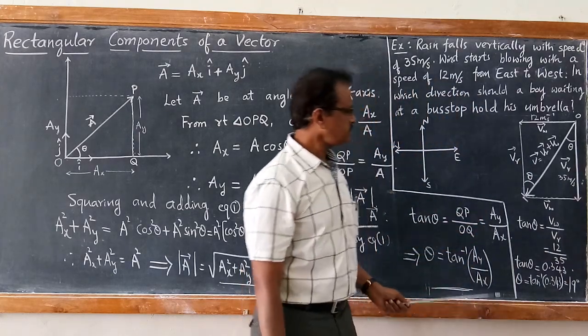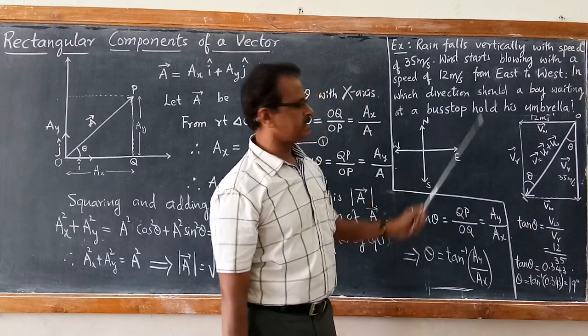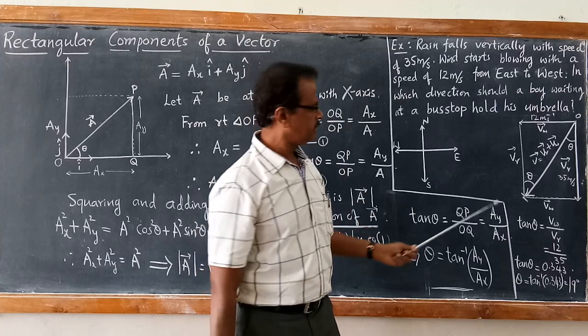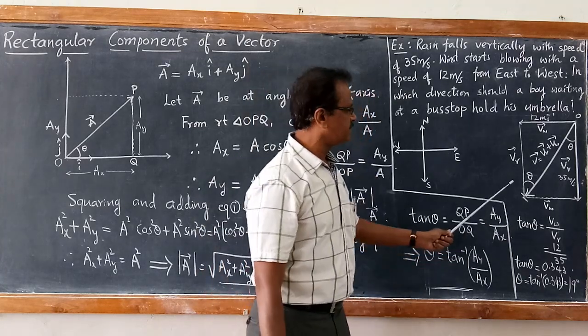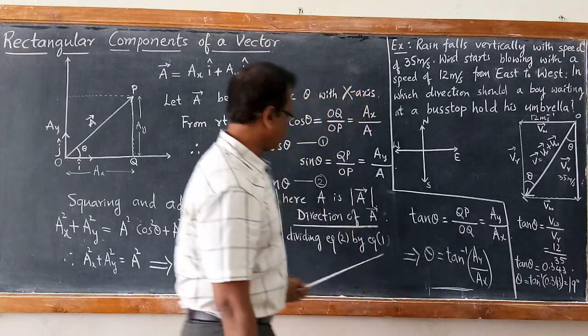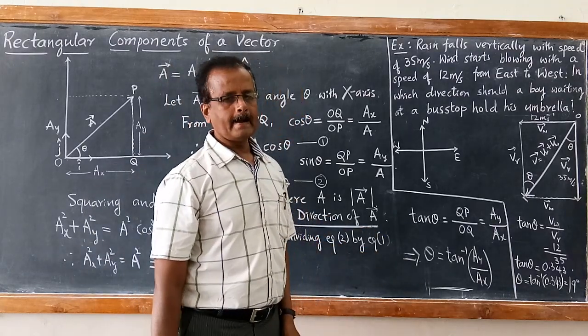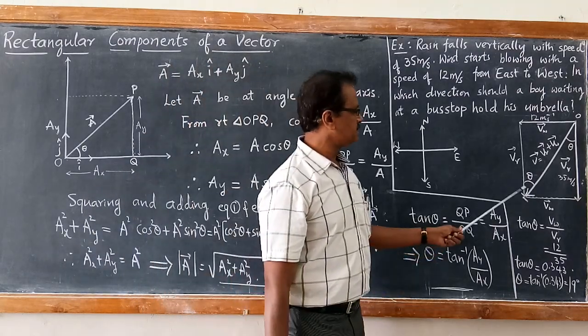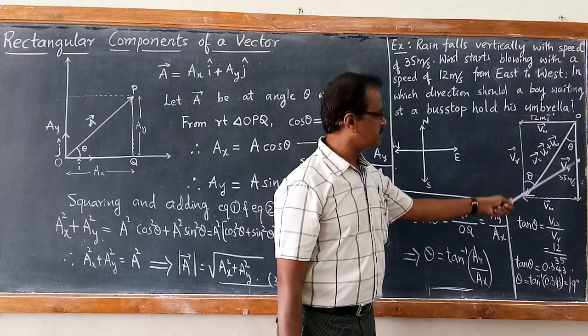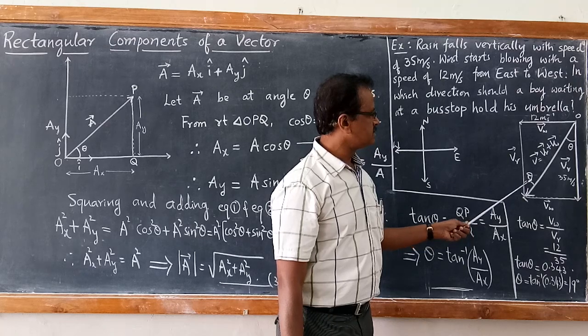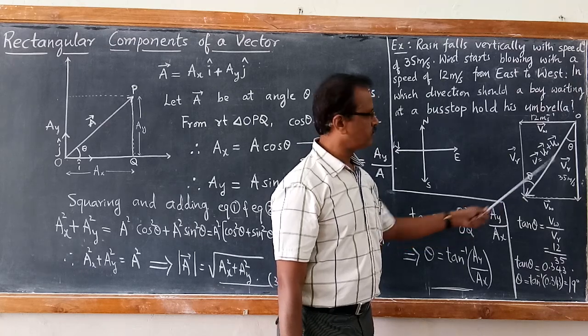Now, the question is just to find out the angle theta. We know tan theta is equal to opposite by adjacent. If this is the angle theta with respect to vertical, it is the same as this angle theta, both are equal.